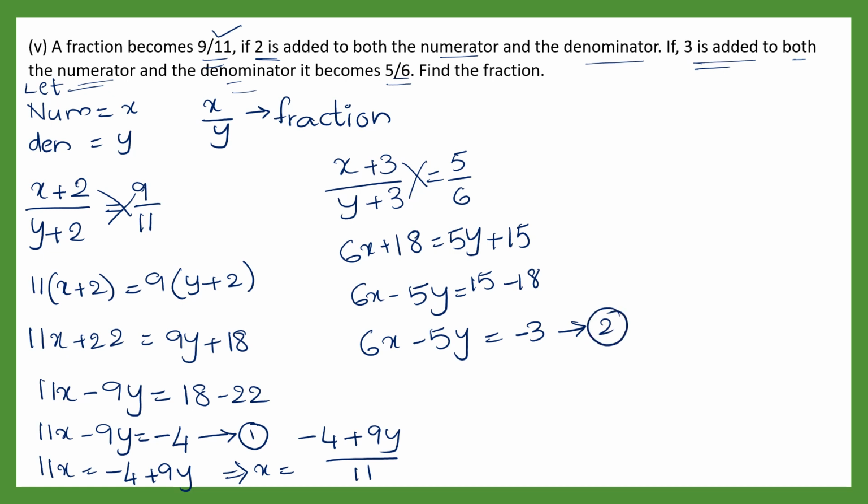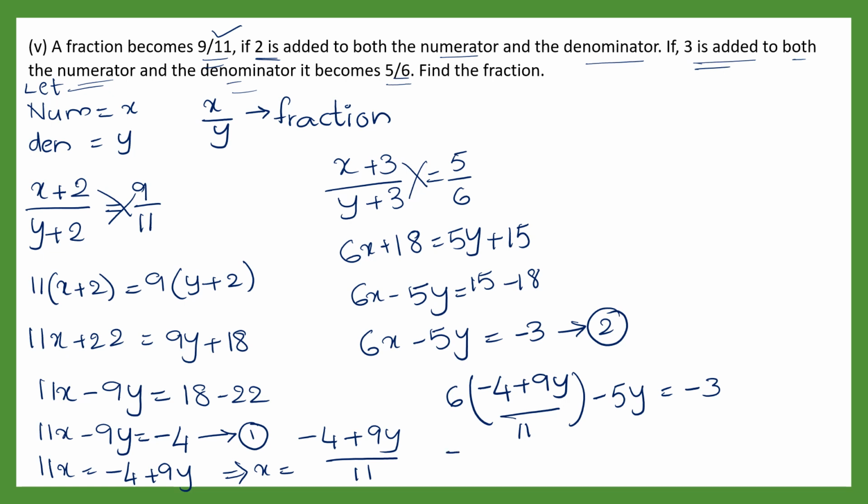So you are able to form two equations. Now let us solve it. From the first equation, you got the value of x. Let's substitute it in the second equation. 6 into minus 4 plus 9y by 11 minus 5y is equal to minus 3. LCM is 11.